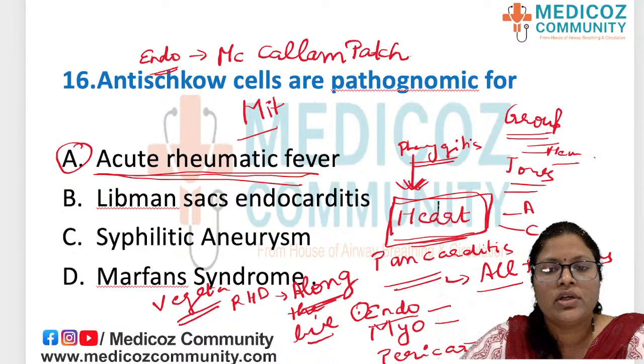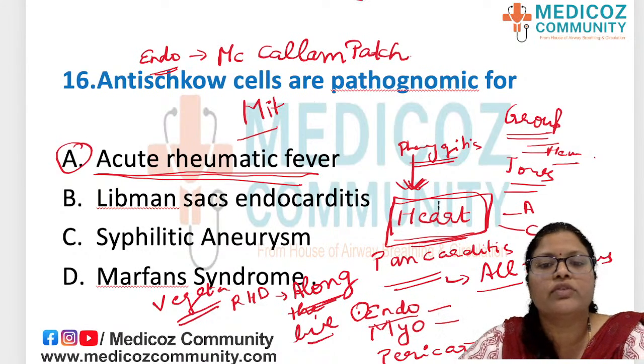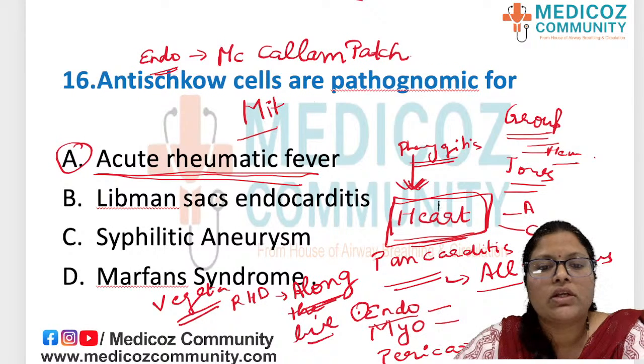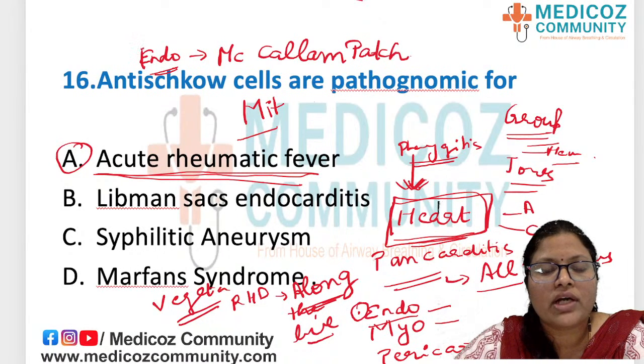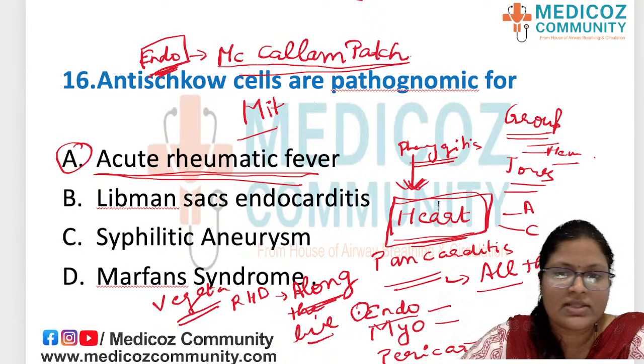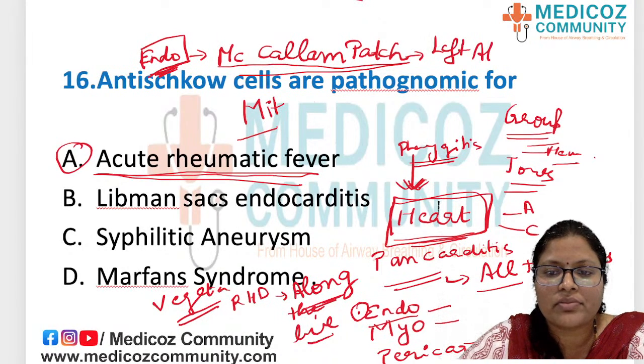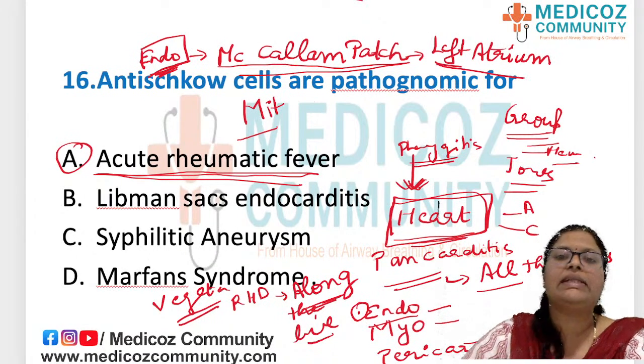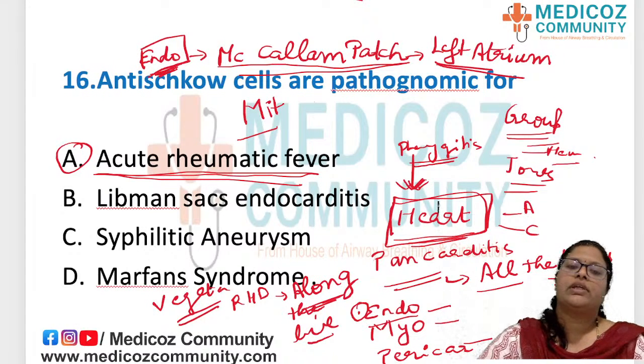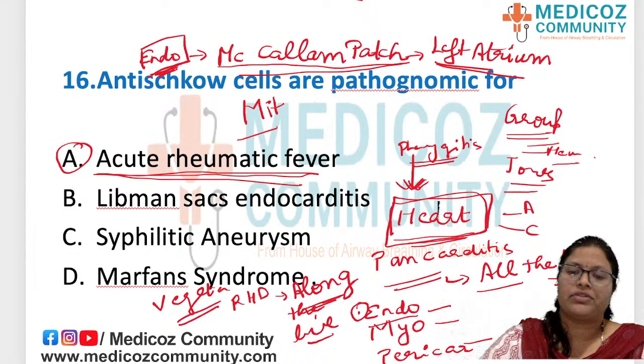So your vegetations are along the line of closure, and the endocarditis it causes has something called the MacCallum's patch, which is nothing but calcifications, and most commonly seen in the left atrium. Understood? So endocarditis, MacCallum's patch, left atrium.